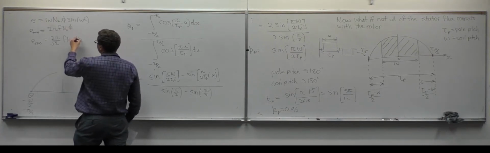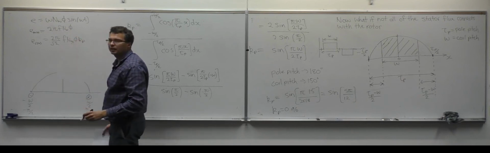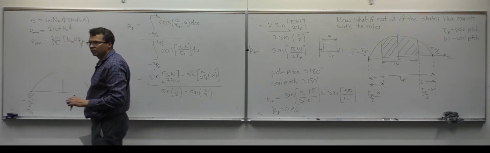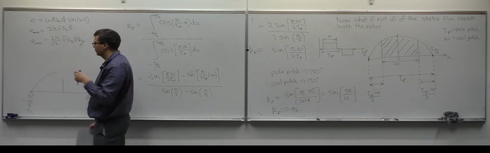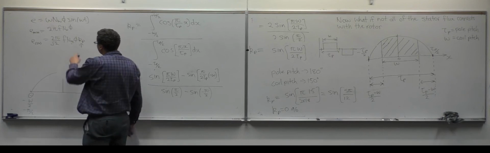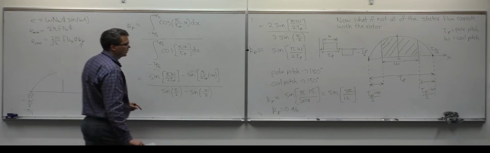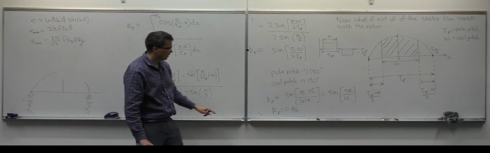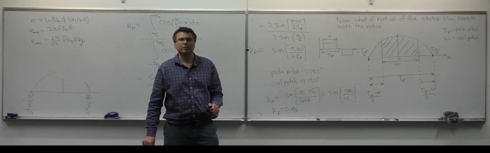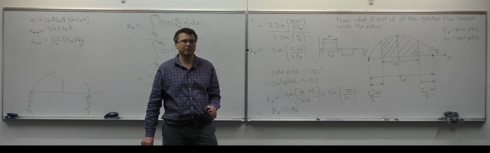Then we could add a Kp here for the pitch factor, because we're going to get a lower induced voltage from this winding due to the reduction in the fundamental. So we can get that straight out using this equation. Okay, I'll stop for a brief minute, a few minutes.